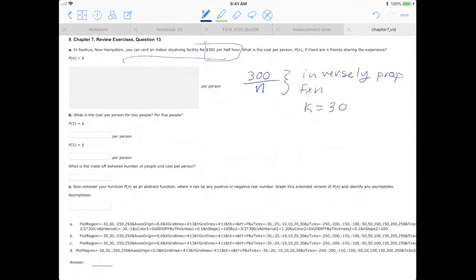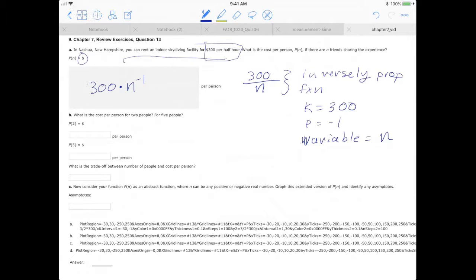K is 300. P is -1. And the variable we're using is N. So this is a power function, P of N, where it's $300, they already got the dollar sign there, times N to the -1.